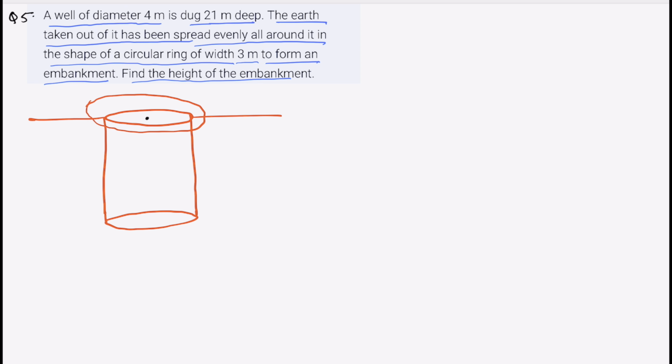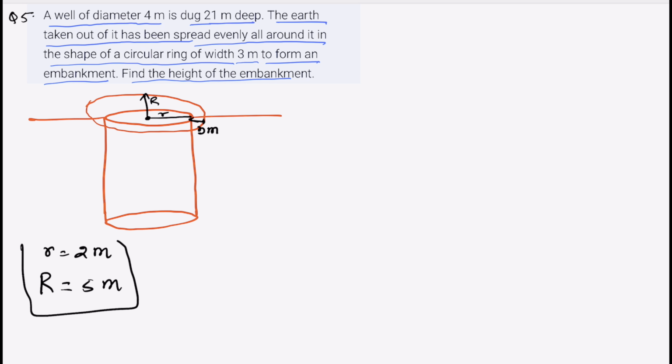So let's say this is the inner radius small r, and this is the outer radius capital R. We know the diameter of the well is 4 meters, so small r will be 2 meters, and capital R will be 2 plus 3, that is 5 meters, since the width of this circular ring is 3 meters.